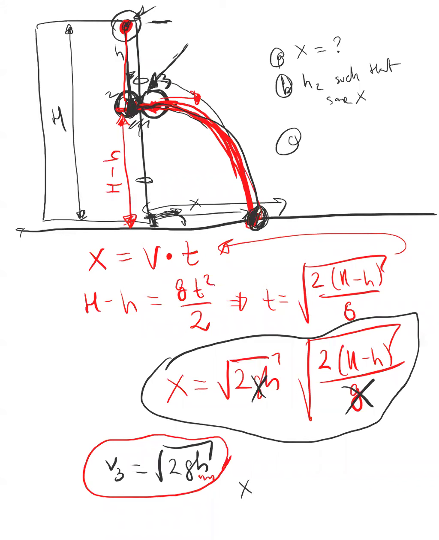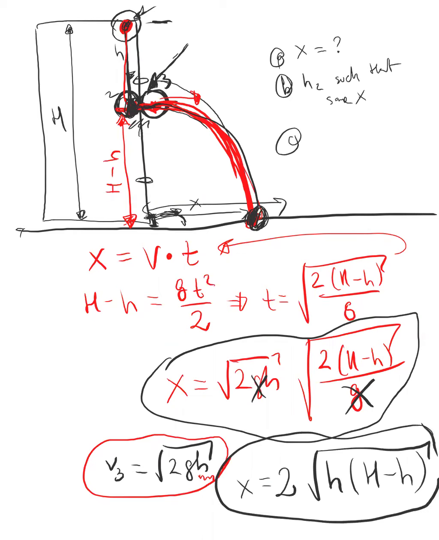So the formula for x is the square root of 4, which is 2. So let me put this 2 outside of the square root, times the square root of h times h capital minus h small. So this is the formula. This is how x depends on h small. And the question, question C, the most difficult question, is which h will give you the most x?